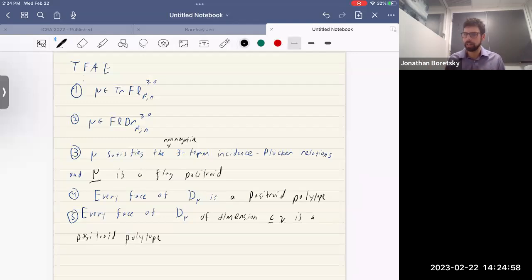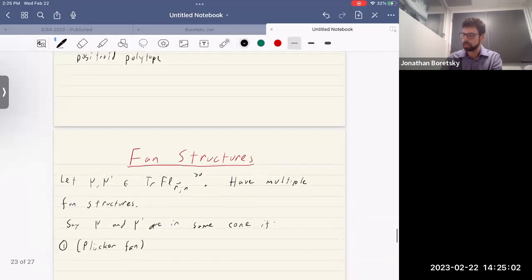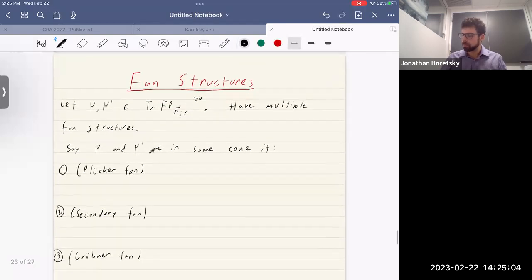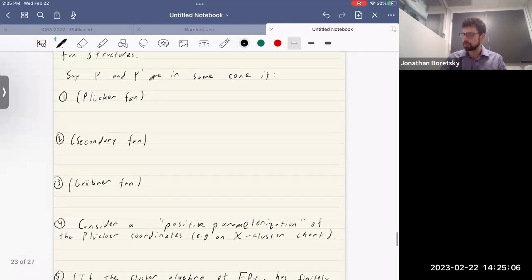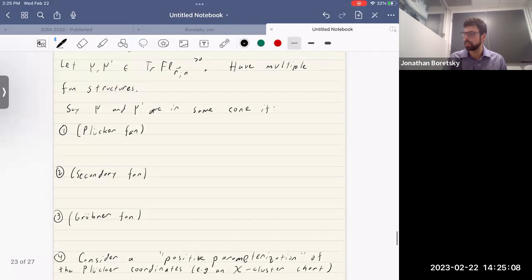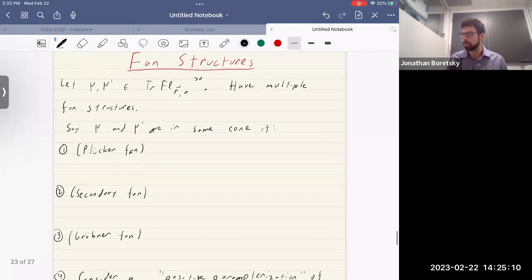Now, it looks like I have 5 minutes left, so I want to quickly tell you something about fans, because I said I would. And there are actually 5 fan structures you might consider defining on the tropical flag variety. Let's focus on just a couple of them, just for time's sake.